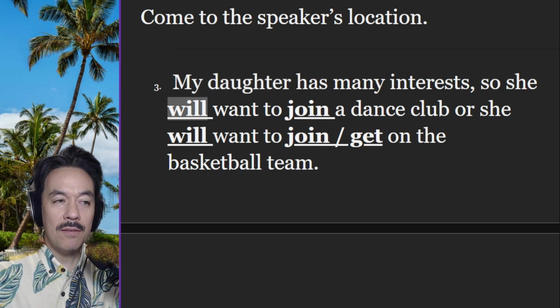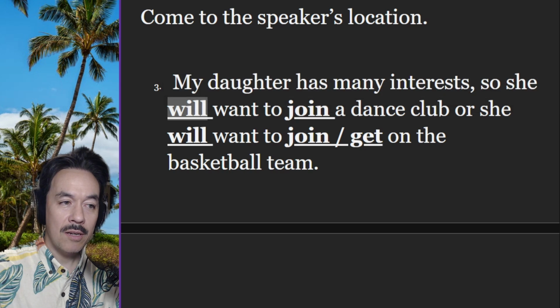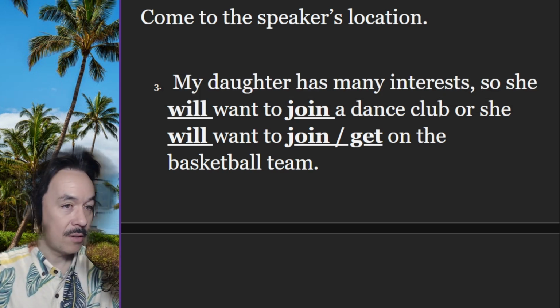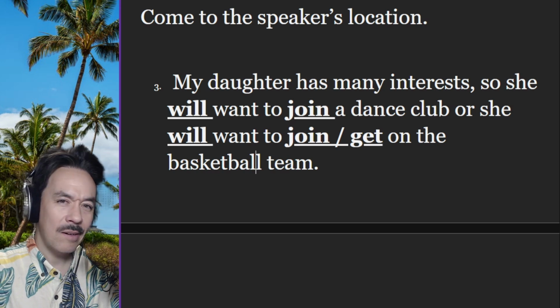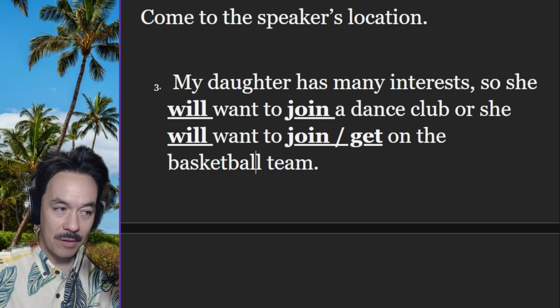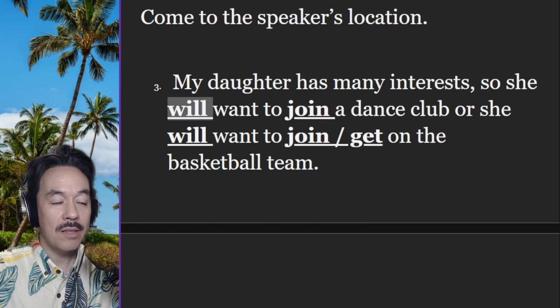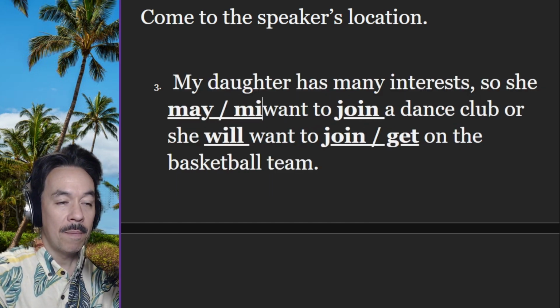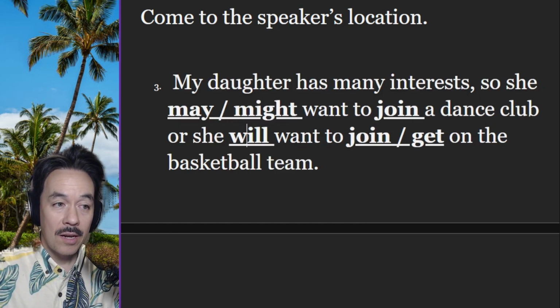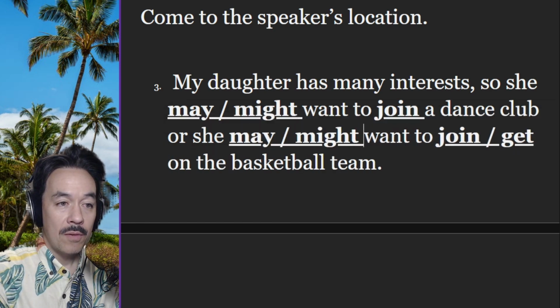So if the mother or father is thinking about, oh, what is my daughter going to do? 100% dance, 100% basketball. Usually parents don't think that way. They think, oh, there's a chance, there's a small chance. So I think again here it's going to be may or might. And this one also may or might.